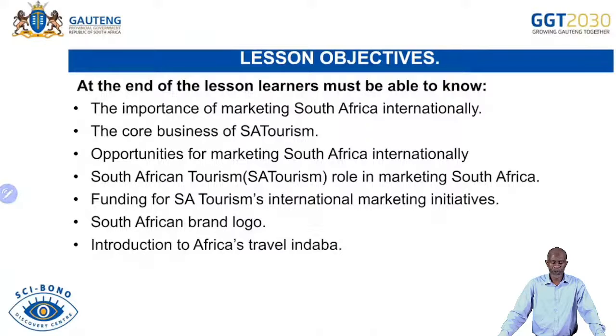You need to also keep yourself abreast with opportunities for marketing South Africa internationally. You also need to know South African tourism's role in marketing South Africa. You must also be in a position to understand funding for South African tourism international marketing initiatives.